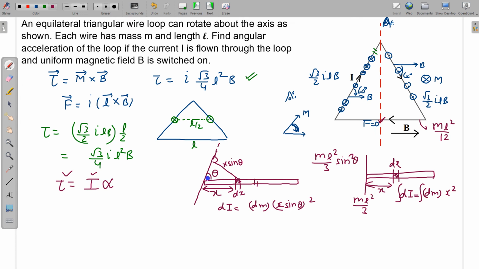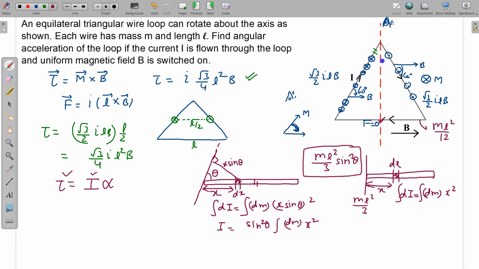For each element theta remains the same, so sin square theta comes out, and the integration of dm into x square is ml square by 3. So the moment of inertia comes out as ml square by 3 sin square theta.